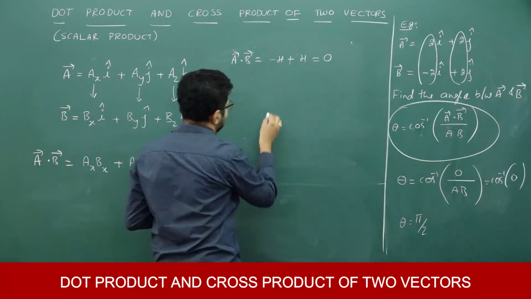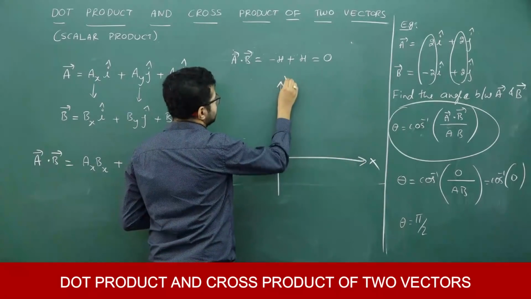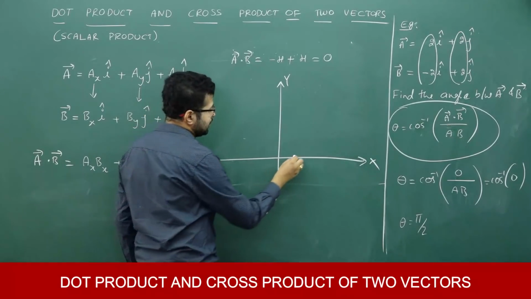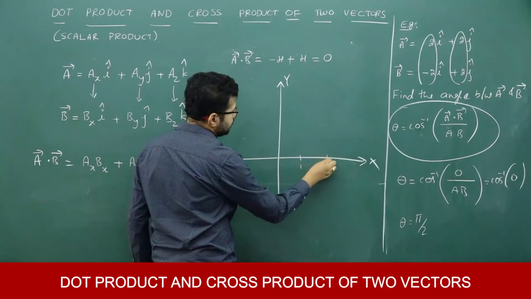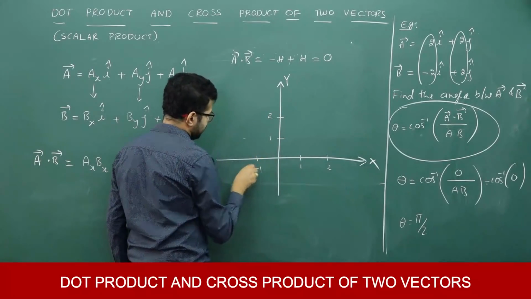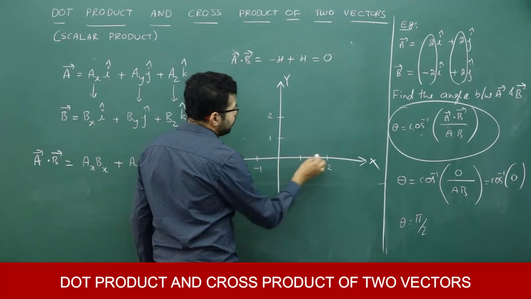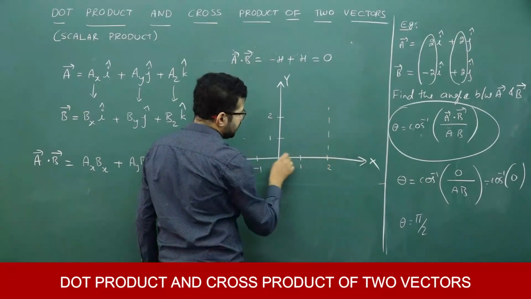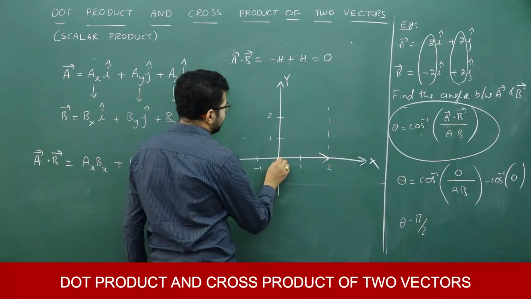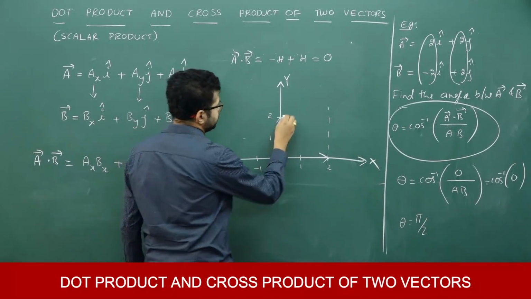Graphically also we can see. Say this is the x axis and this is the y axis. What is 2i cap plus 2j cap? Say this is 1, this is 2, this is 1, this is 2, this is minus 1, this is minus 2. 2i cap is along the x axis, and 2j cap is along the y axis.